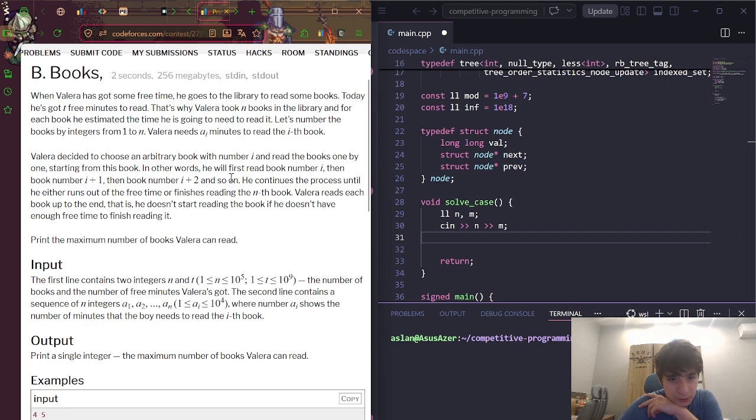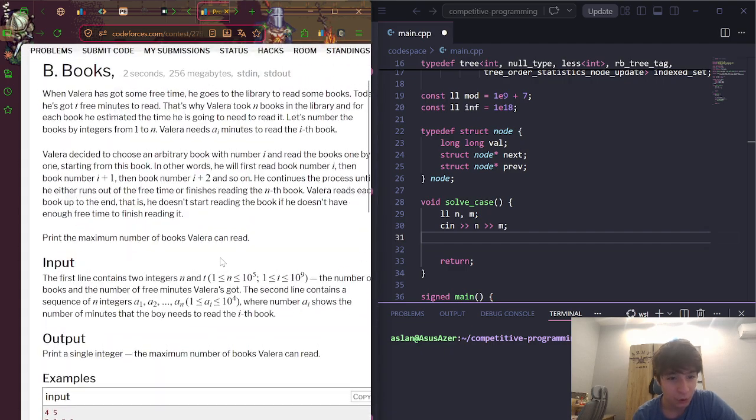In other words, he will first read book number y, then book y plus 1, and so on until he either runs out of free time or finishes reading the nth book. Valera reads each book up to the end, that is, he doesn't start reading a book if he doesn't have enough free time to finish reading it. Print the maximum number of books Valera can read.